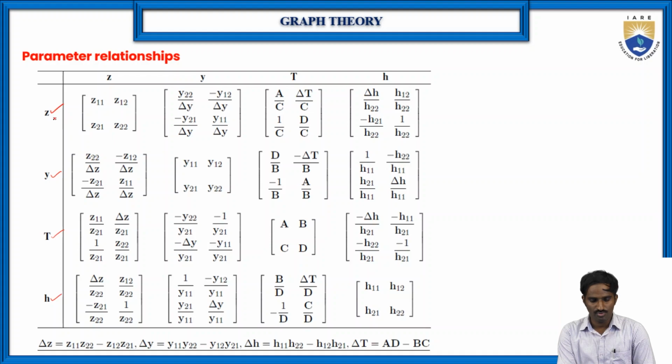Suppose they have given the Z parameters, then find Z parameters. Of course, Z to Z is okay. From the Y parameters, how can we find the Z parameters?